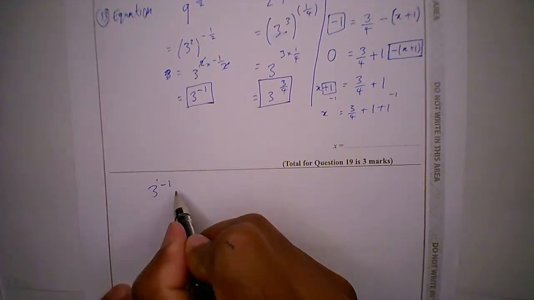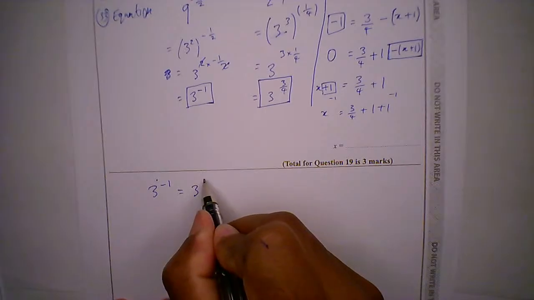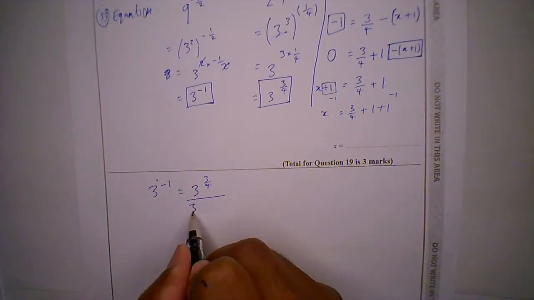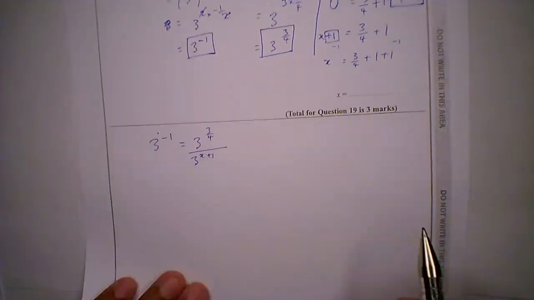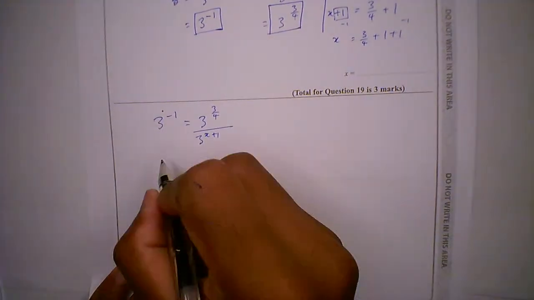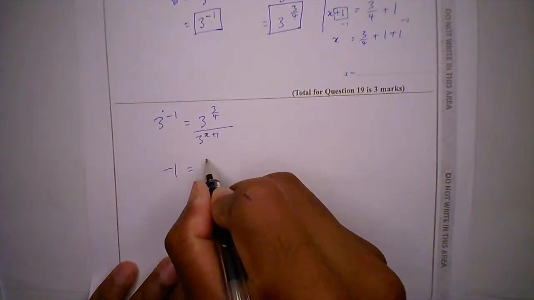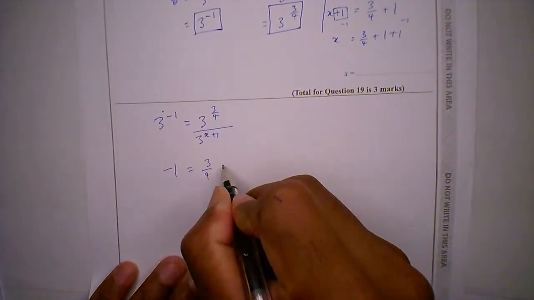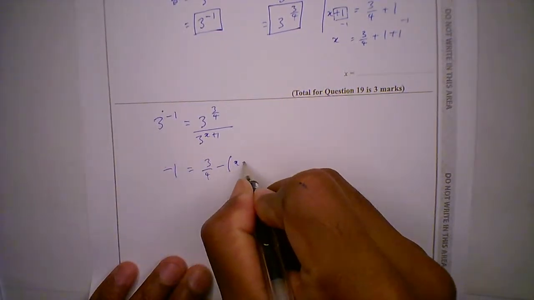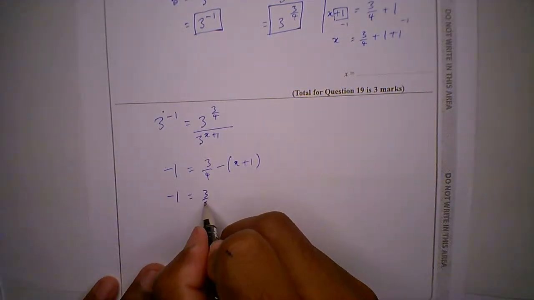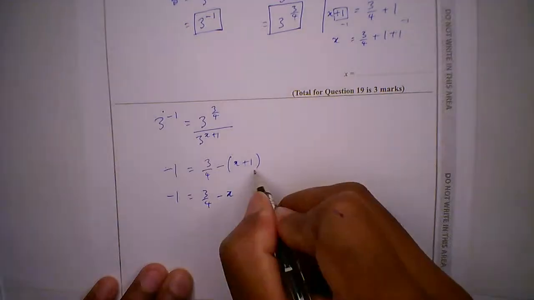3 to the power minus 1 equals 3 to the power 3 over 4 divided by 3 to the power x plus 1. I can ignore the 3's, so it becomes minus 1 equals 3 over 4 take away x plus 1. So I'm going to make this 3 over 4 take away x minus 1.